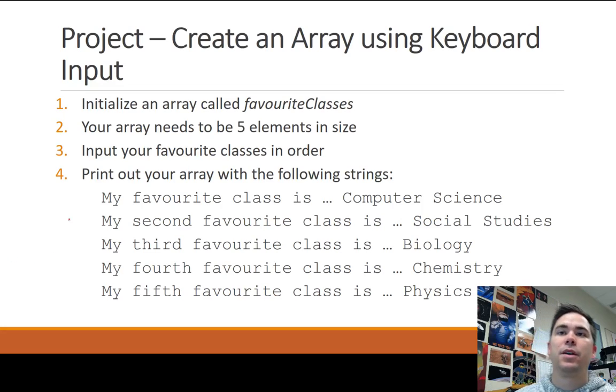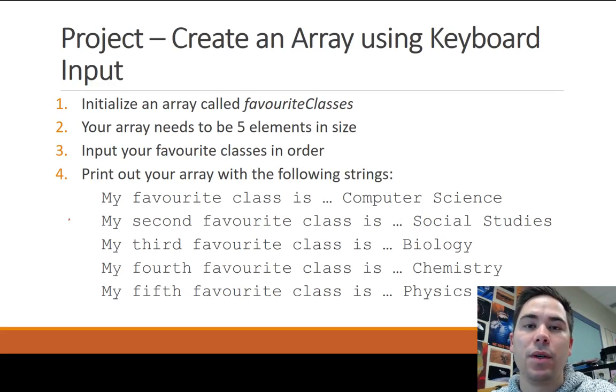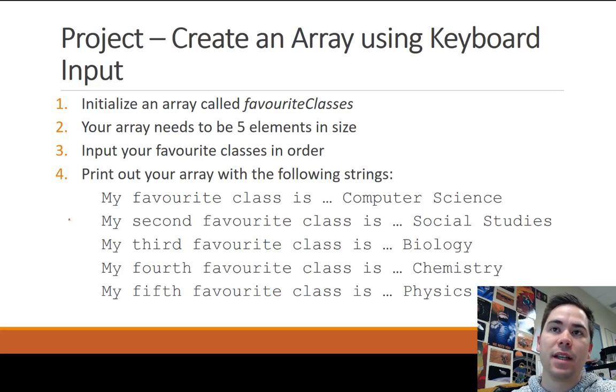So this brings us to your next project, creating an array using keyboard input. What you're going to do is initialize an array called favorite classes. Your array needs to be 5 elements in size. You need to input your favorite classes in order, and print out your array using the following strings. I've used my examples here.